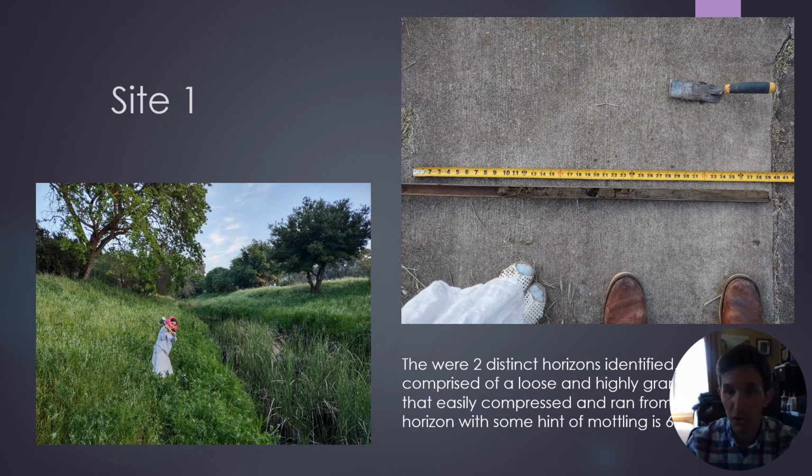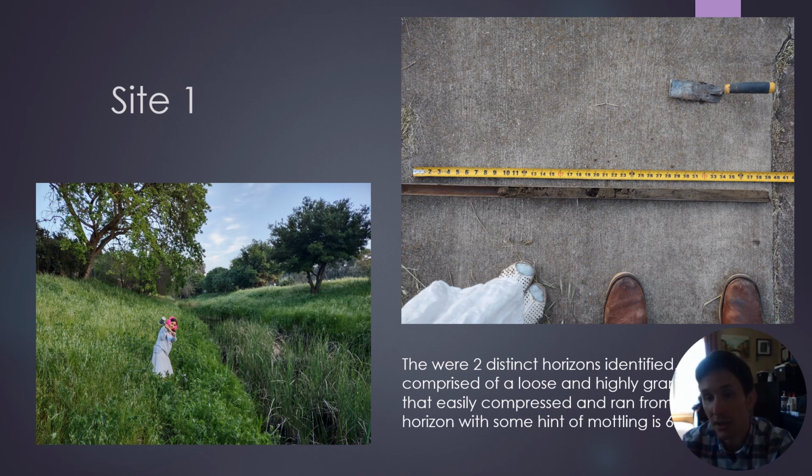We went down all the way to 1 meter, and based on what the water level in the creek was, about 50 centimeters of the soil taken would be above the current water level, and the further 50 centimeters would be below the water level.